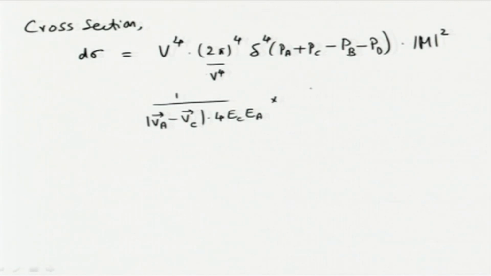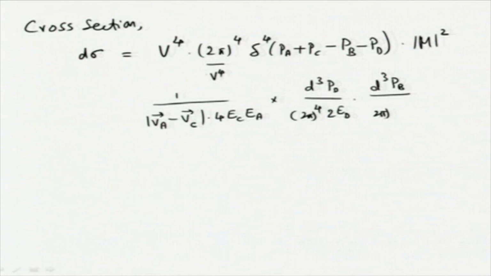Then the final state phase space available: d^3p_D over (2π)^3 2E_D, d^3p_B over (2π)^3 2E_B.